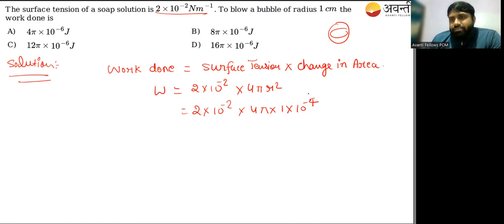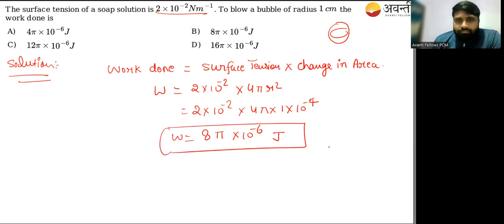That is why you need to multiply by 10 raised to the power minus 4 here. It will become 8 pi 10 raised to the power minus 6 joule. Option B is the correct one.